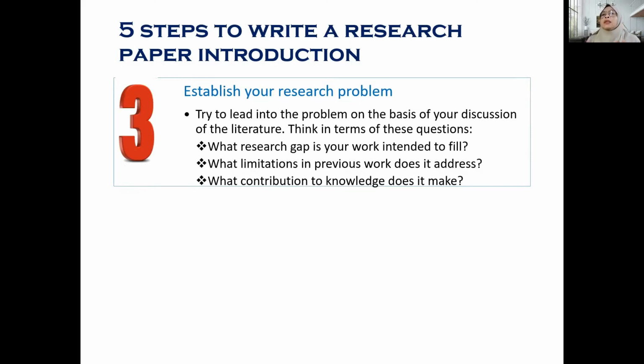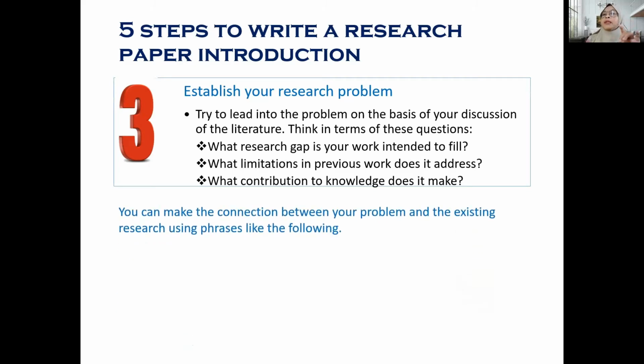Remember that you cannot give your own opinion or your own argument from your experiment in the introduction. Do not write about your result in the introduction. The introduction must be supported by the literature. All the arguments must be from the literature.